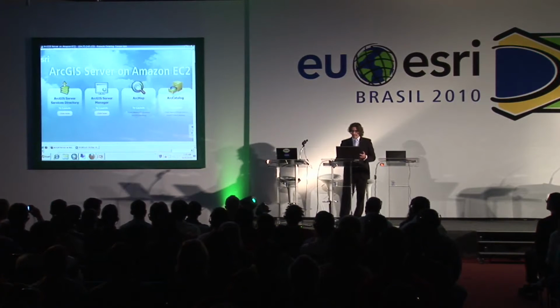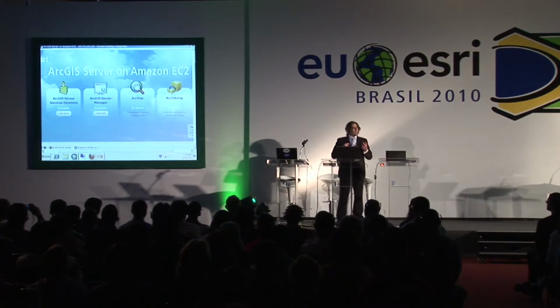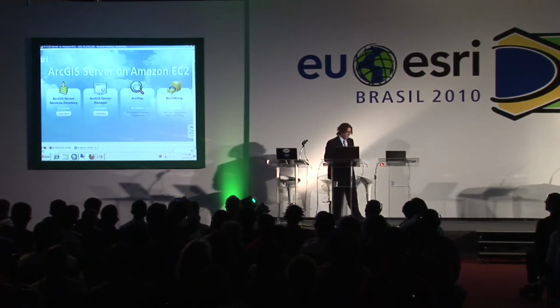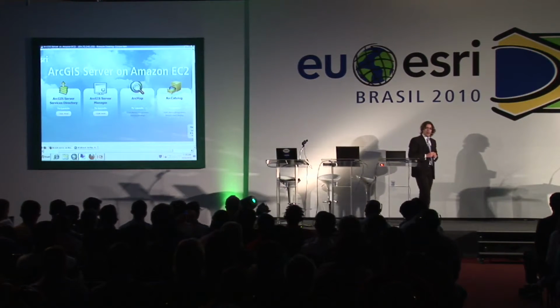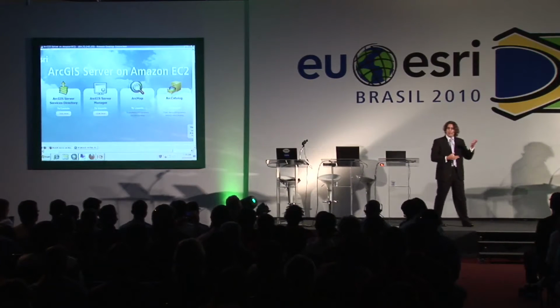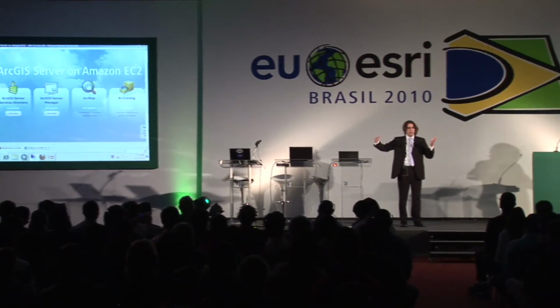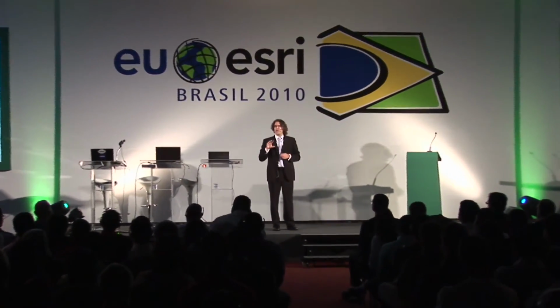And that's one of the new things we added in ArcGIS 10, the possibility for you to deploy ArcGIS Server in the cloud. And you can do it in two ways. You can go to the Amazon cloud and purchase or rent computers from that cloud, and then run in those computers the software you licensed from Esri. That's what I did. We call that ArcGIS Server on Amazon EC2.